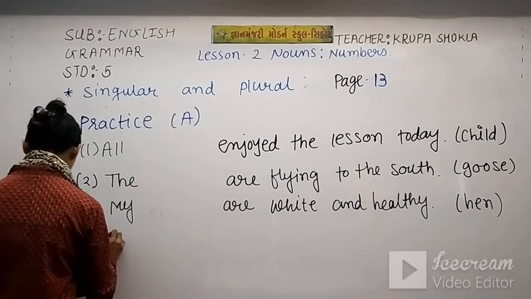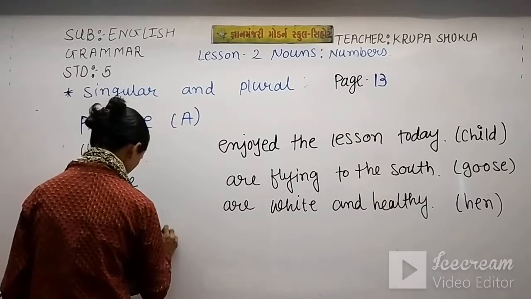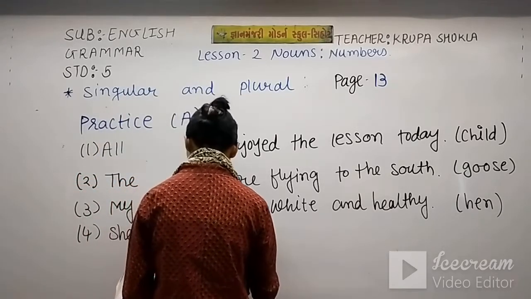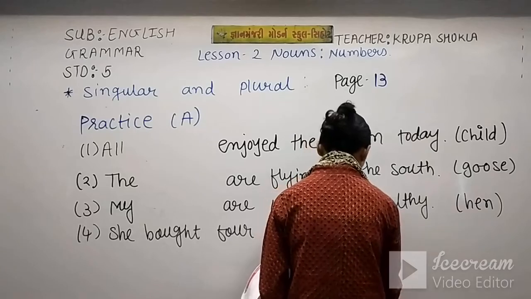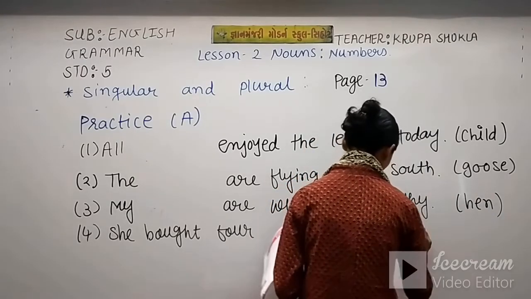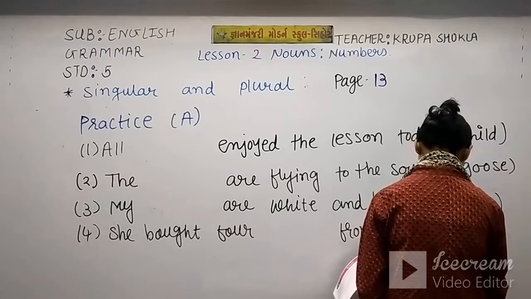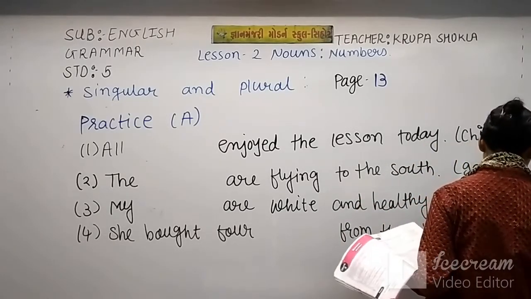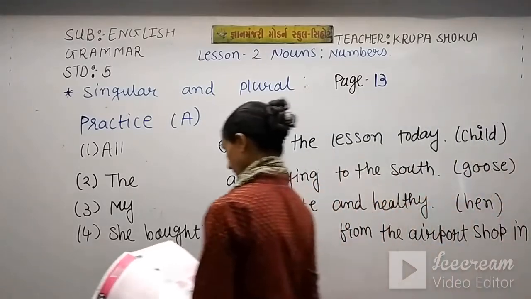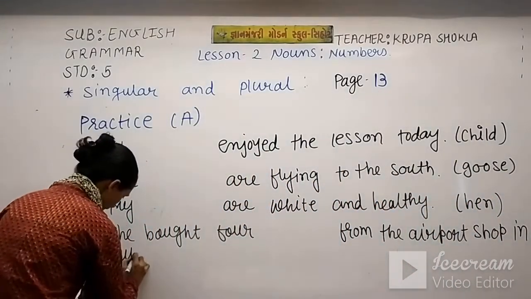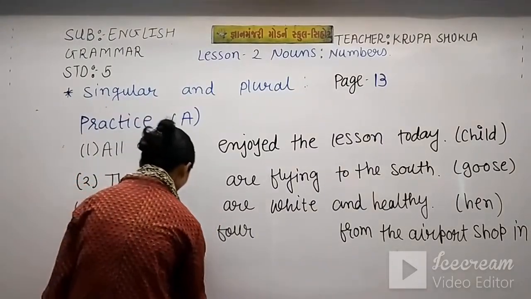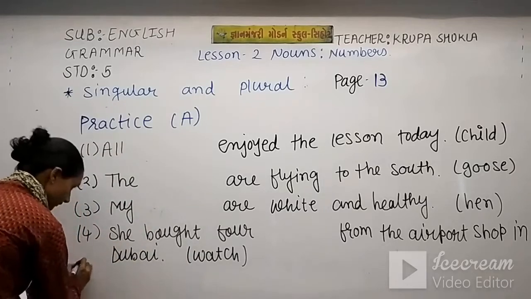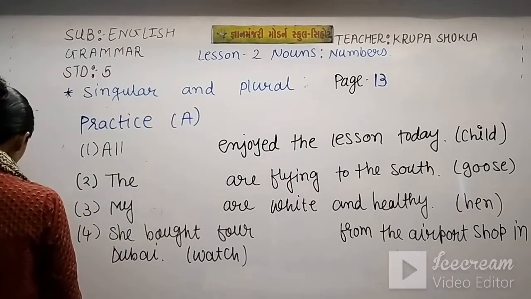Number 4 is she bought four blank from the airport shop in Dubai, and in brackets it is given watch. Number 5 I will write after that. First we will discuss these.